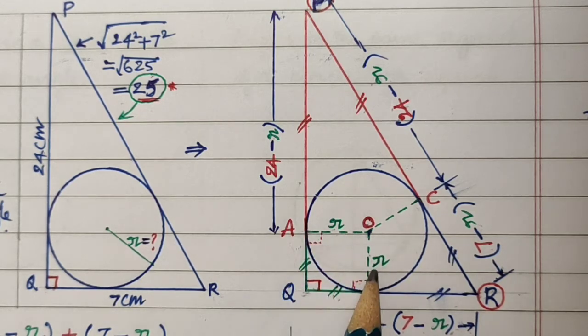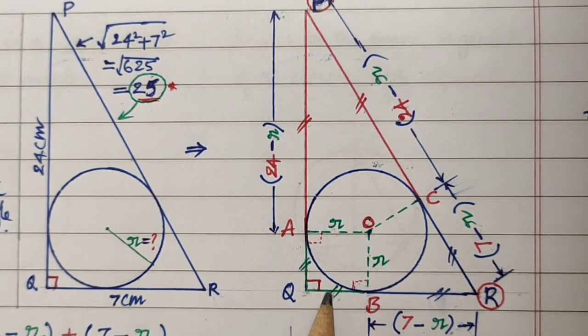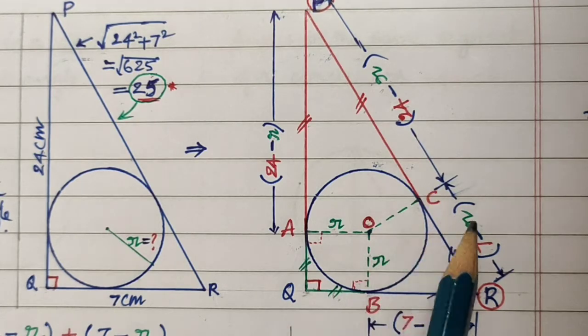Once we prove this is a square, these two will become equal to R. Then we can shift to this part and use the tangent properties once again. Once we know that this plus this is equal to 25, it becomes very easy to find the radius R. So we need to go very slowly. Whenever you need to understand the problem, understand it first, then everything becomes easy.